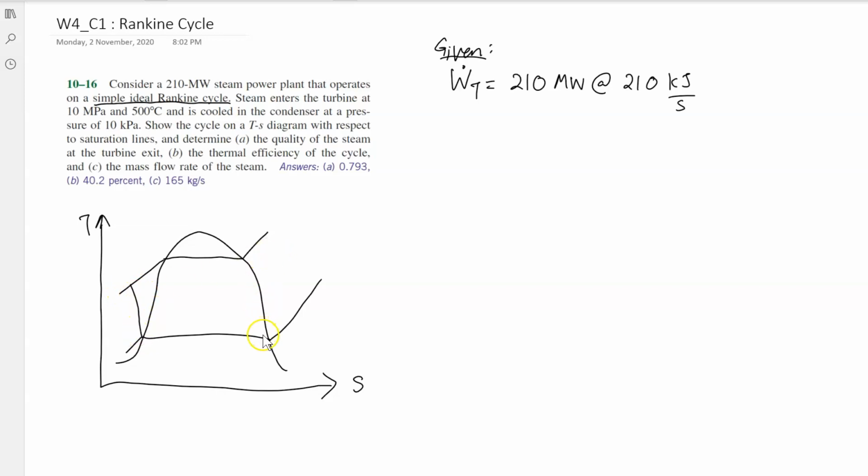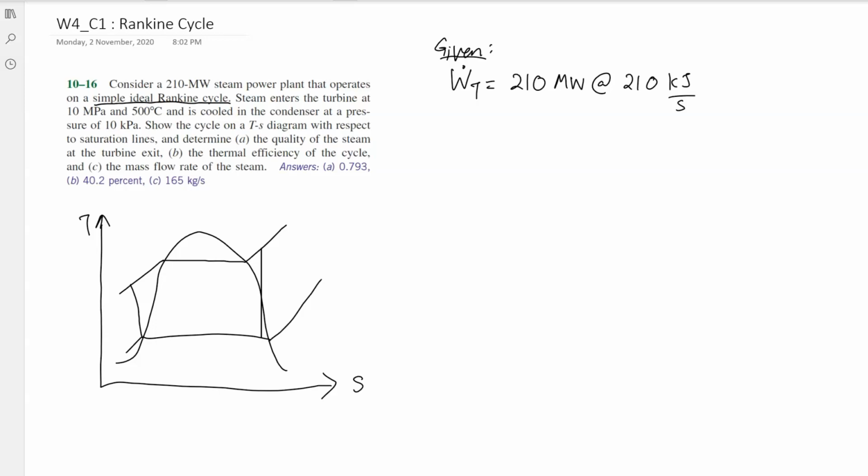It's going to be a very straight line here, or should we make use of a ruler instead? Alright, and this TS diagram is always equivalent to the schematic diagram that you have.